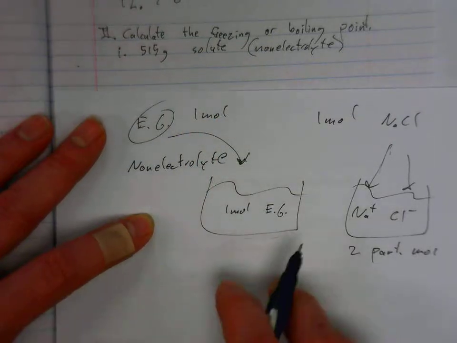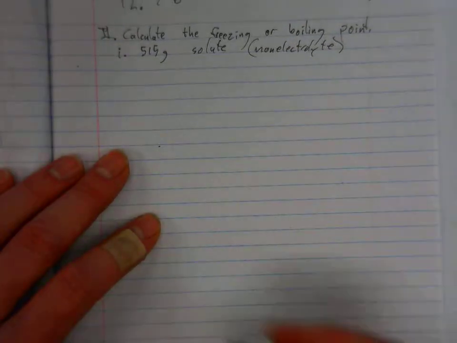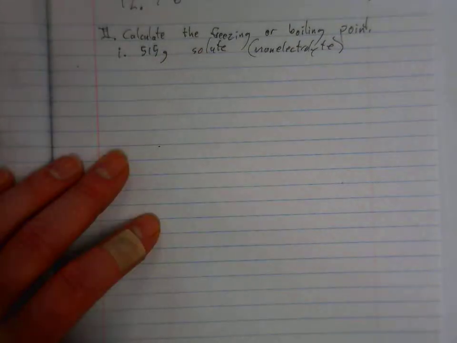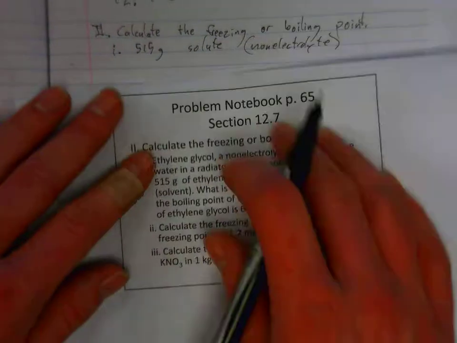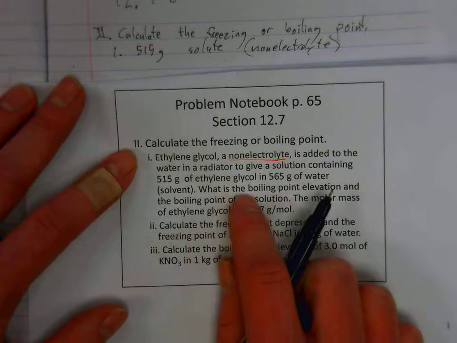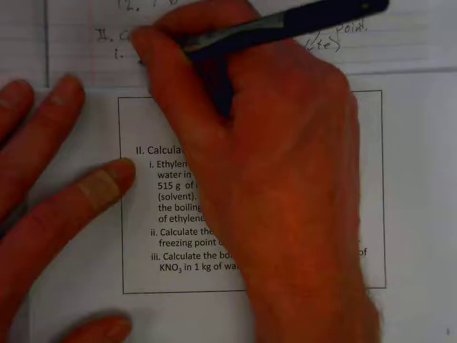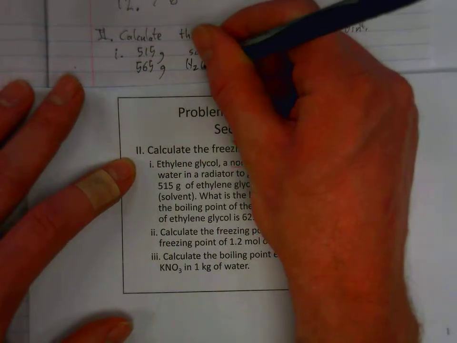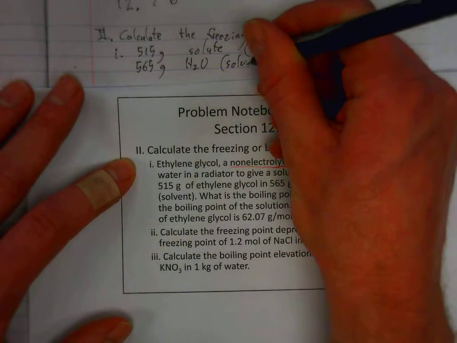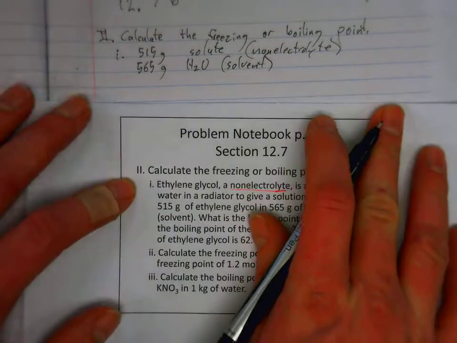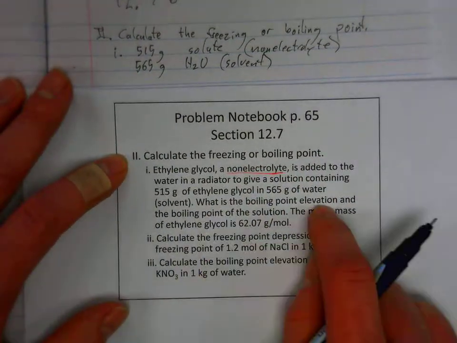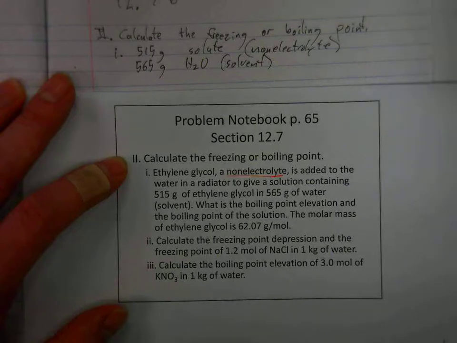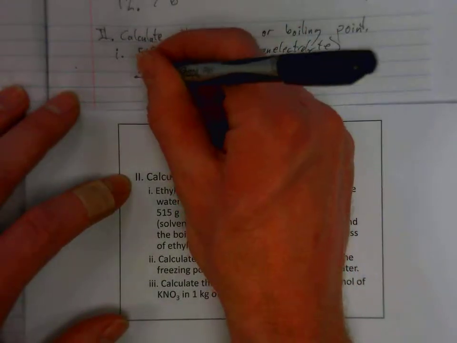We're also given in the problem the amount of the solvent, 565 grams. So we want to know the boiling point elevation, the temperature T sub B at which it boils. In order to find that, we need the formula.